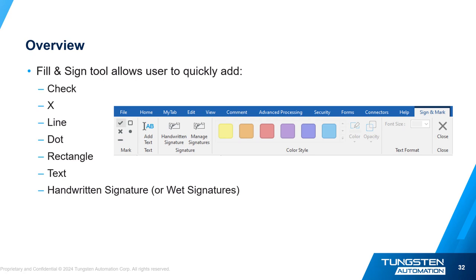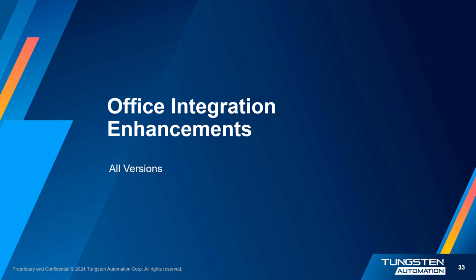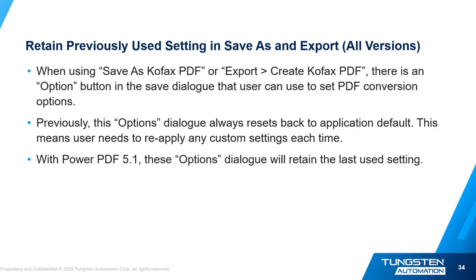Further, small usability improvements have been made to the existing Microsoft Office integration of Power PDF. This feature is also implemented for all versions of Power PDF. The Office integration has the feature to use profiles to simplify the conversion of Office documents to PDF format. Now Power PDF remembers the last used profile when using Save as Kofax PDF in Microsoft Office and does not reset to default.